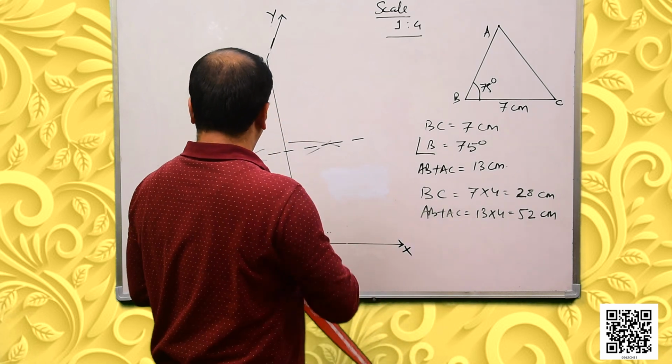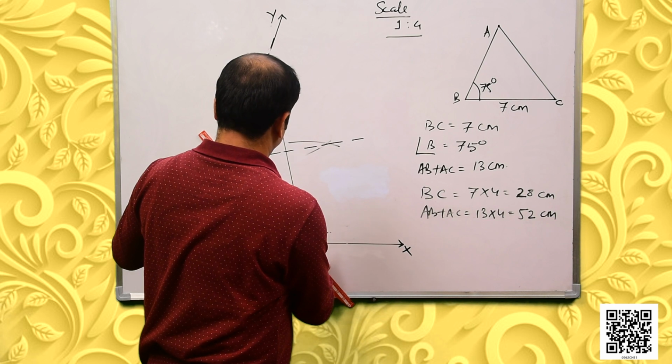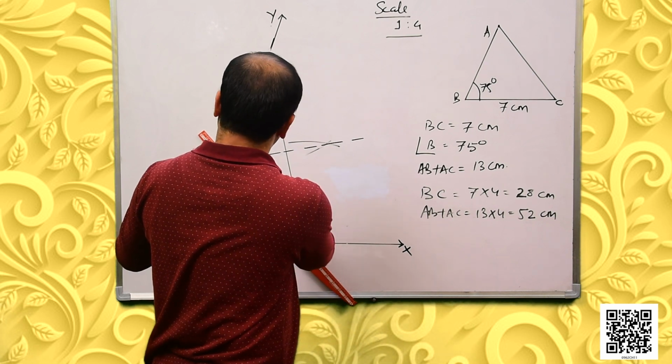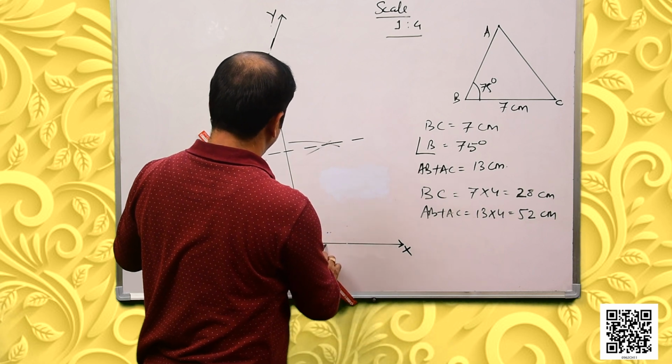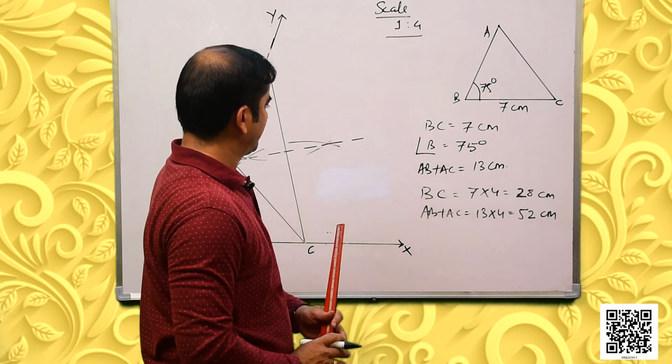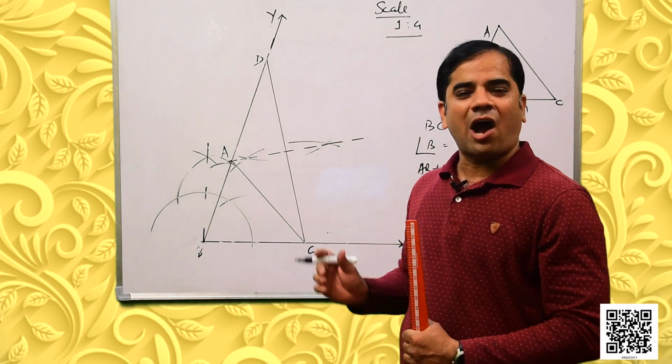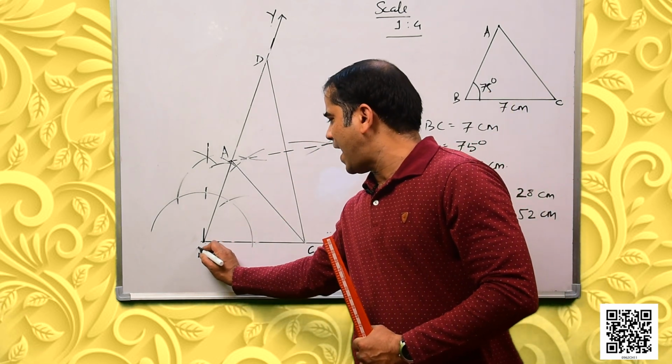We need to join AC. As you can see, we have got our triangle ABC.